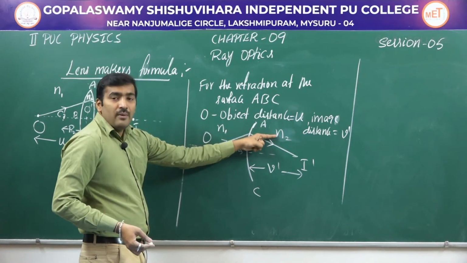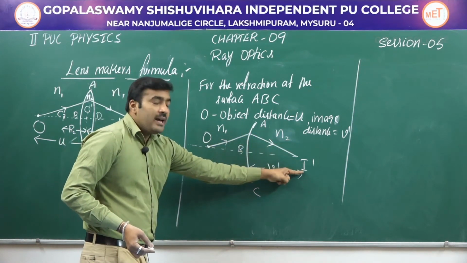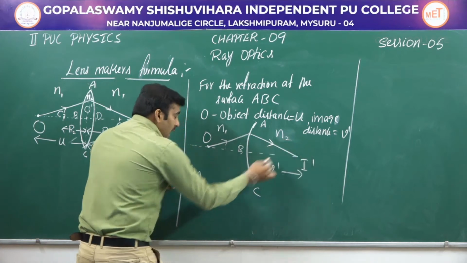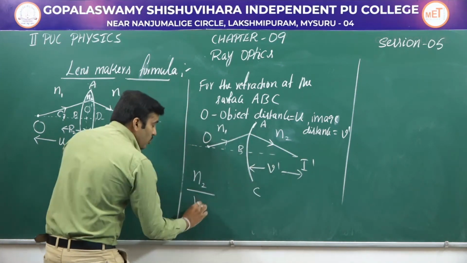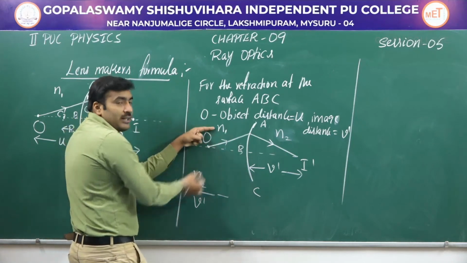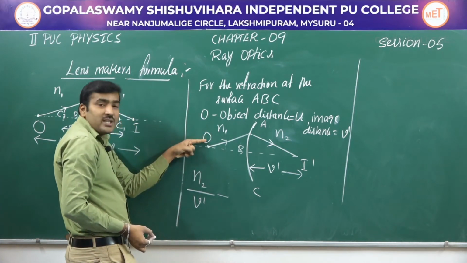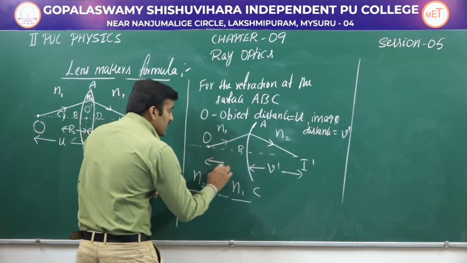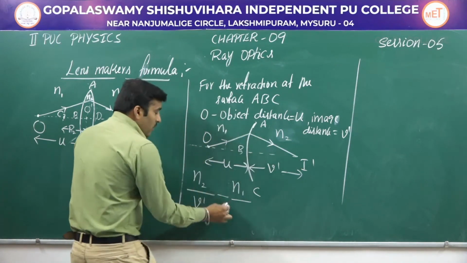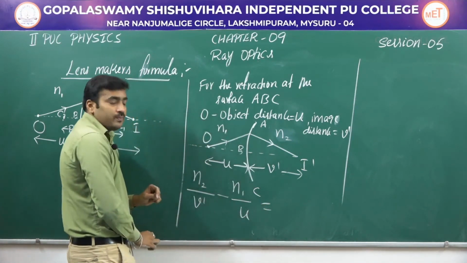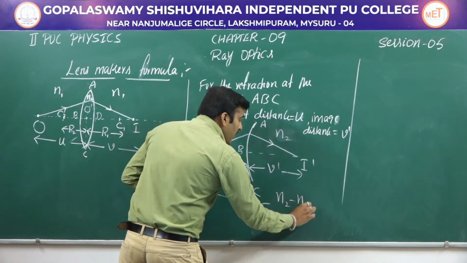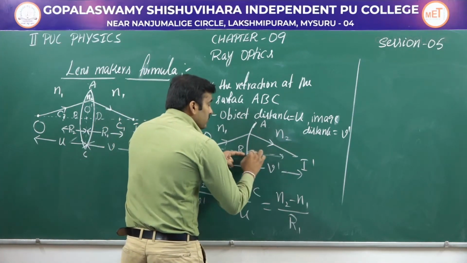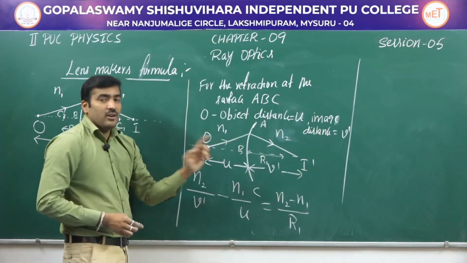Refractive index of the medium where the image is present, N2, divided by the image distance V dash, minus N1, the refractive index of the medium where the object is present, divided by the object distance, which is already considered as U in this case, is equal to N2 minus N1 whole divided by R1, where R1 is the radius of curvature for the surface ABC.